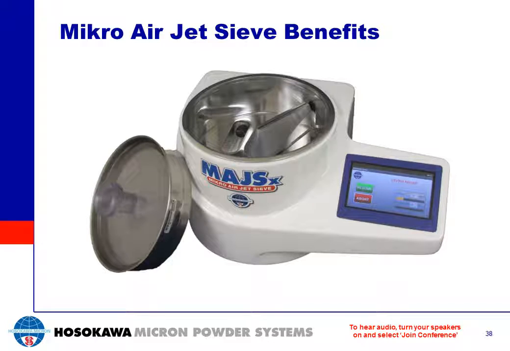The benefits of the Hosokawa Mikro Airjet Sieve are that it's highly accurate. It can reproduce reliable results. The removal of the fines first during a multi-screen analysis eliminates the potential of agglomeration or cohesion to form larger particles. Since the Mikro Airjet Sieve utilizes the pneumatic sieving principle, the rotating air wand will dislodge and deblind any entrained particles from the sieve screen.